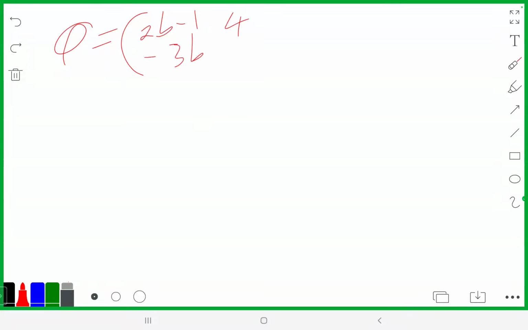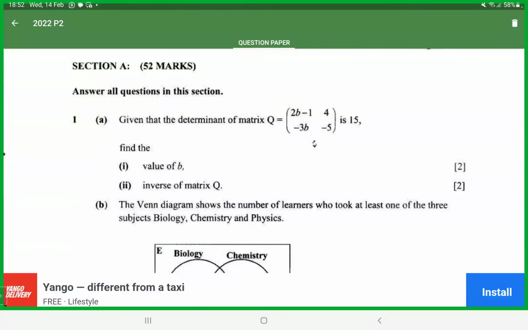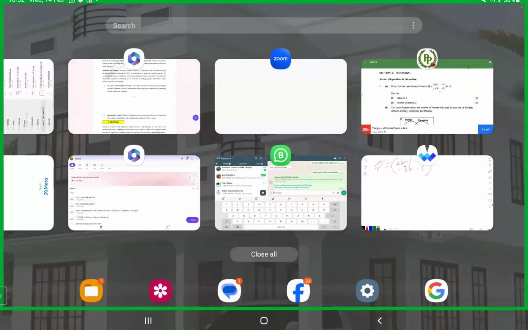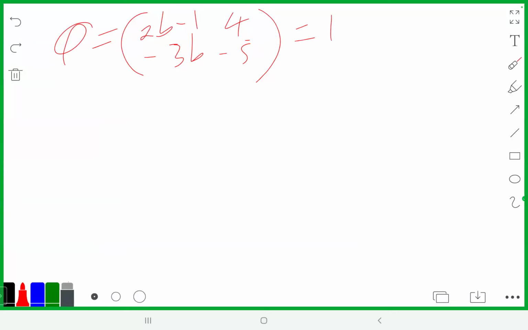Let me just confirm if that is the case. Yes. And they are saying that the determinant of this matrix is 15. So far, are you there?